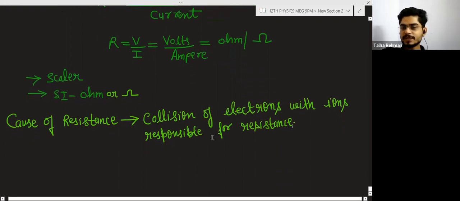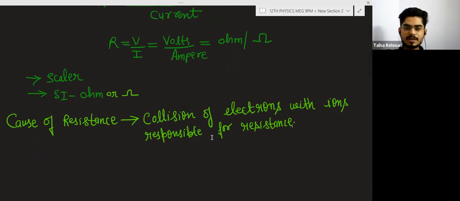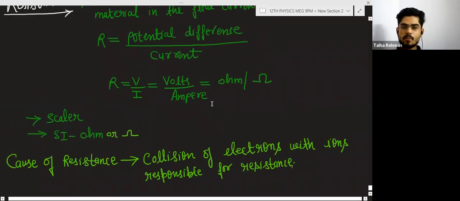Due to this, the current will decrease, or you can say the term resistance is produced. Actually, resistance is the hindrance.